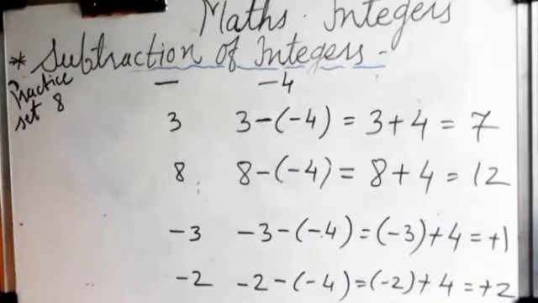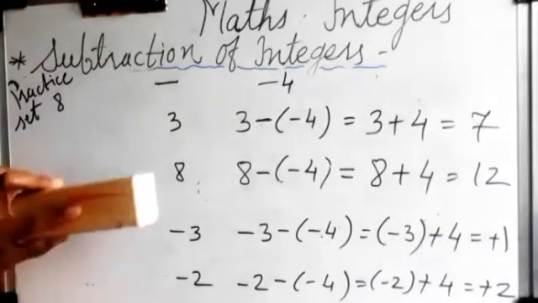Now again in the next column, for minus 5, 0, plus 7 it is given. Okay.